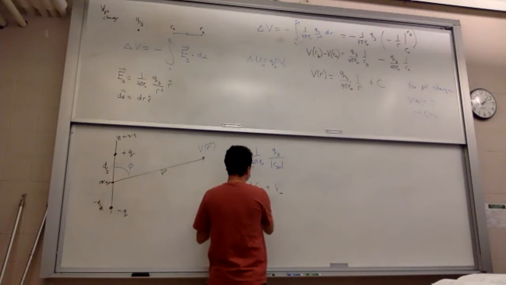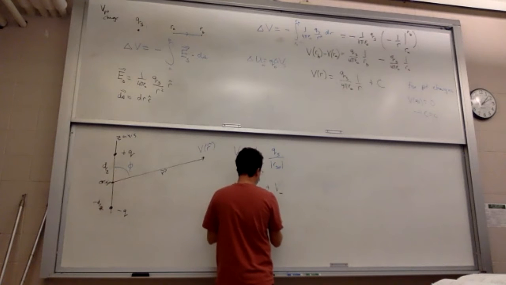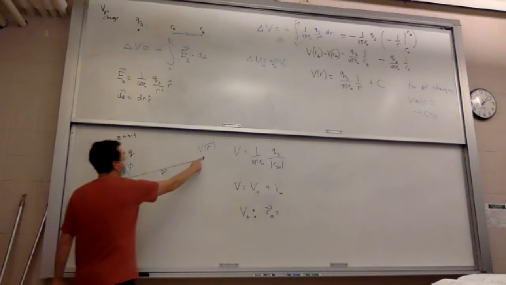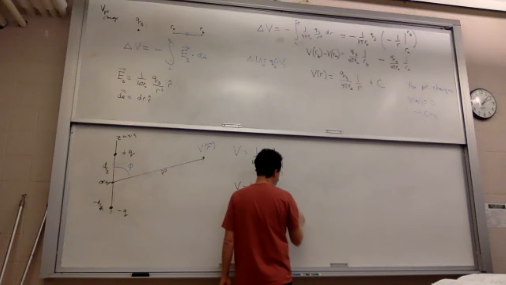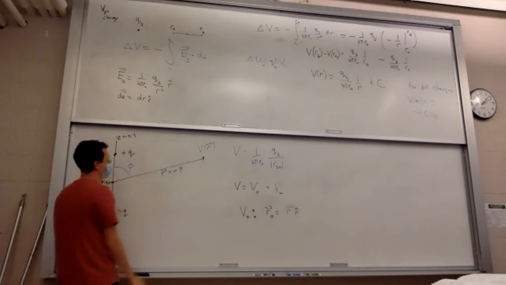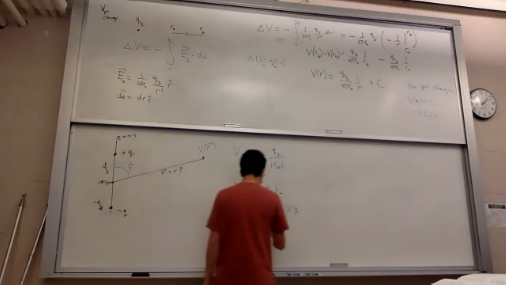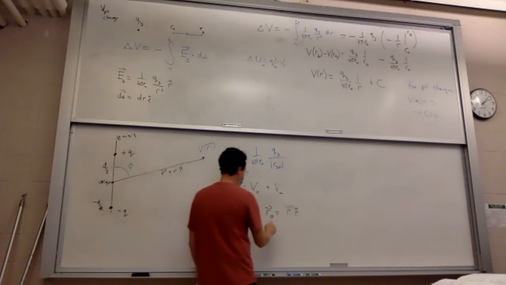I'll just take them in turn. When we're working on the positive charge, R_O is where I'm asking about the potential, where I'm making the measurement. That's just going to be R times R hat, where R hat is the spherical radial vector. And R_S for the positive charge is just going to be d over 2 times z hat.